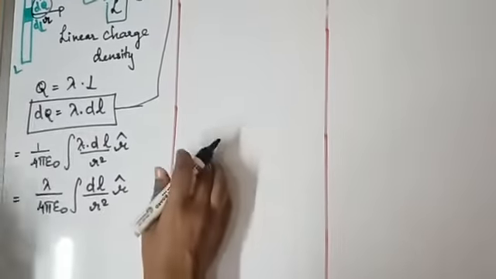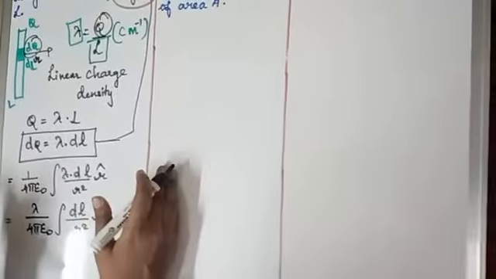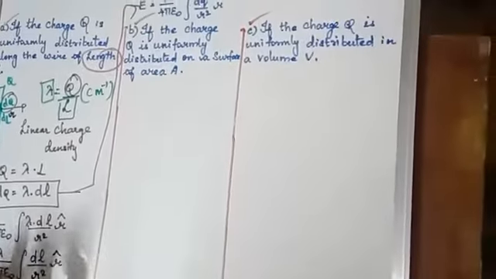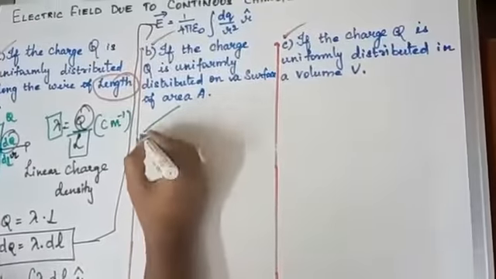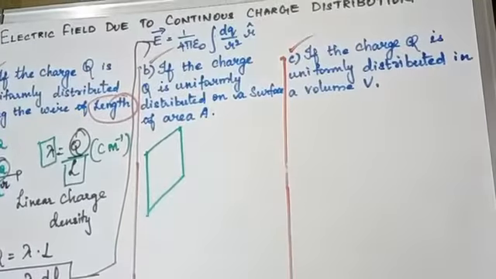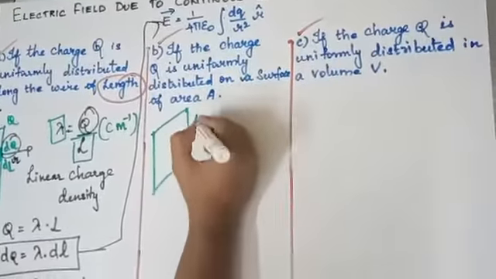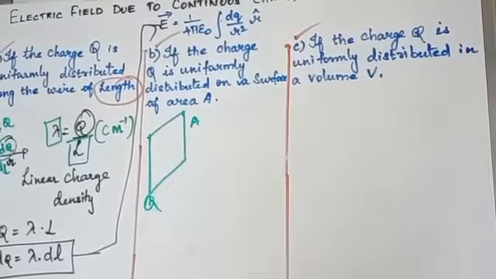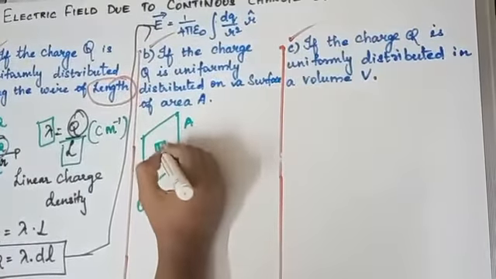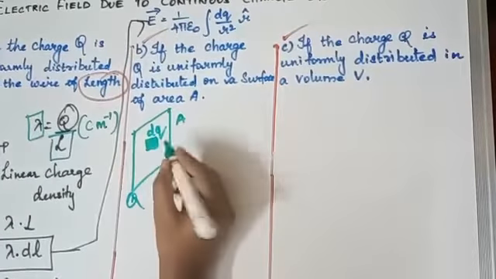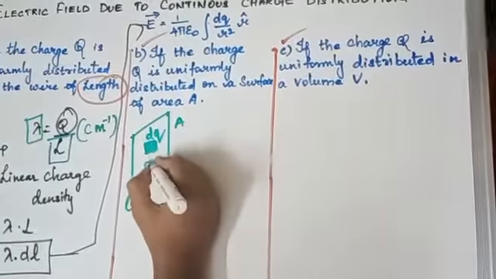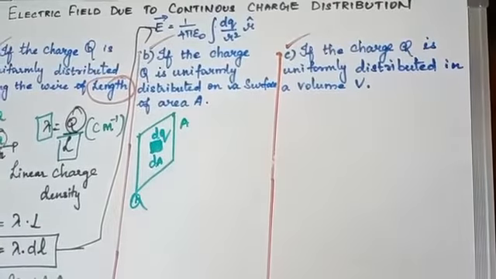Now we are going to see the surface area, which is case B. Let us consider a surface A with the charge Q, and let us consider a small area here, on which the charge is dq, and the area is dA, which is a small area.